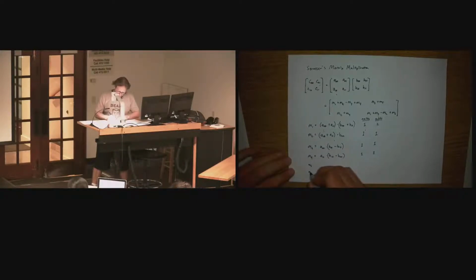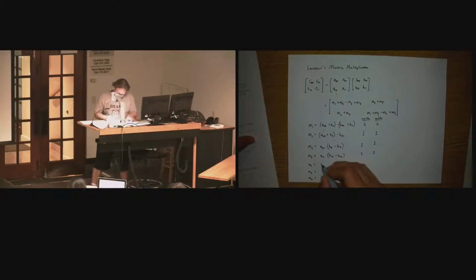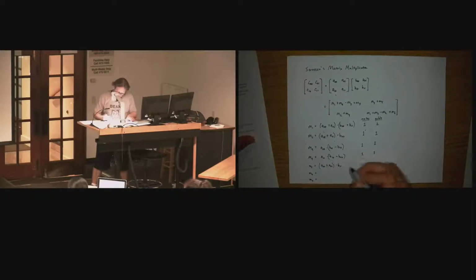M4 is going to be A11 times B10 minus B00. So again, one multiplication and one addition. M5, M6, and M7. M5 will be A00 plus A01 times B11. So again, one multiplication and one addition.